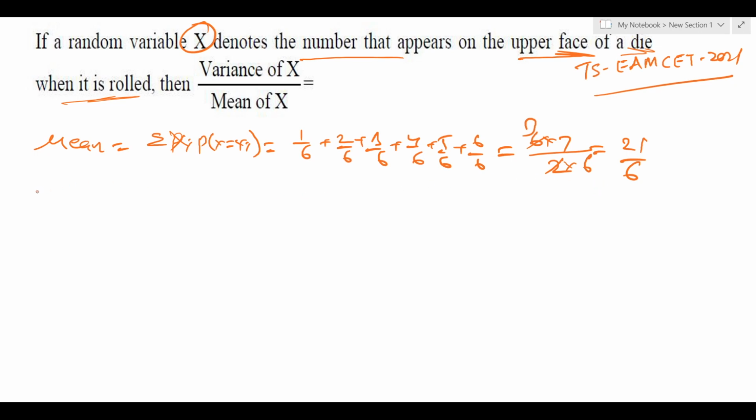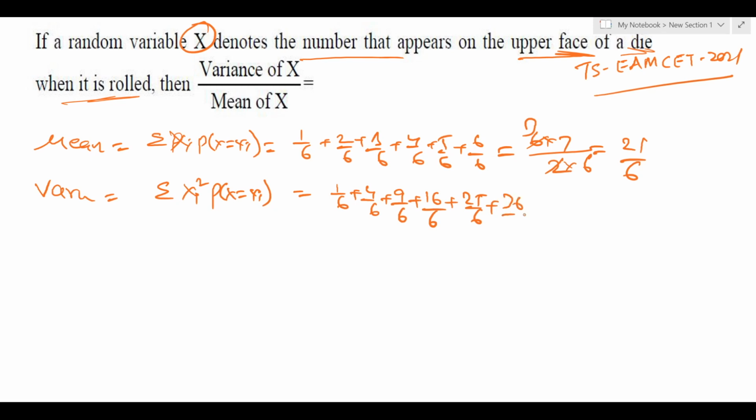And variance is equal to sigma xi square into P of x equal to xi. This is the formula: xi square, that is 1 square into 1 by 6 plus 2 square, that is 4 by 6, 9 by 6, 16 by 6, plus 25 by 6 plus 36 by 6, minus mean square.